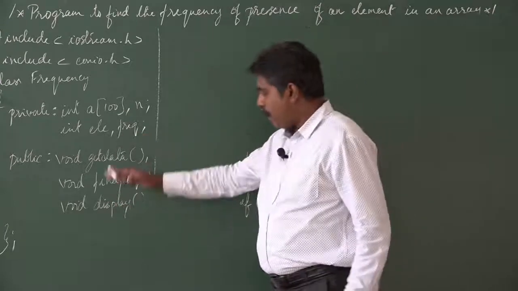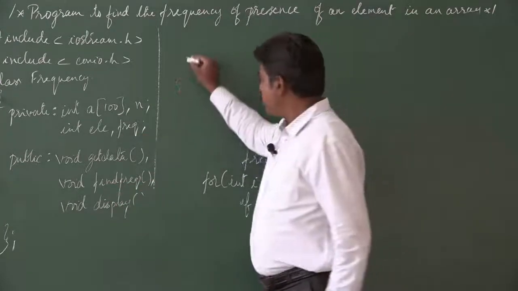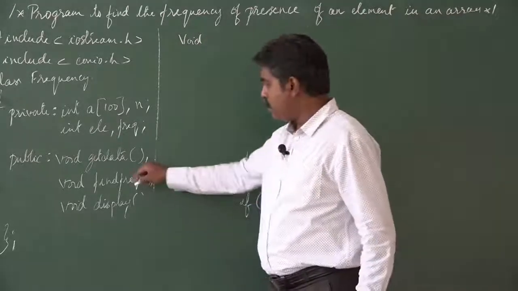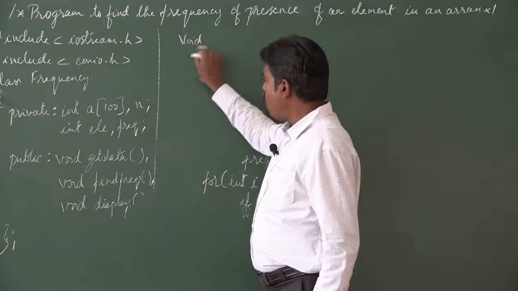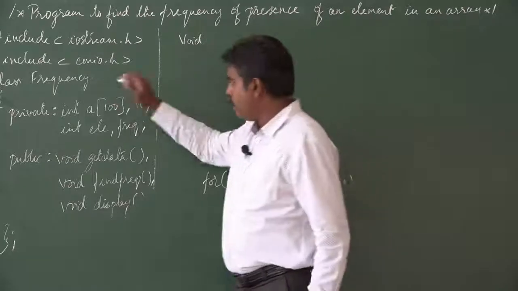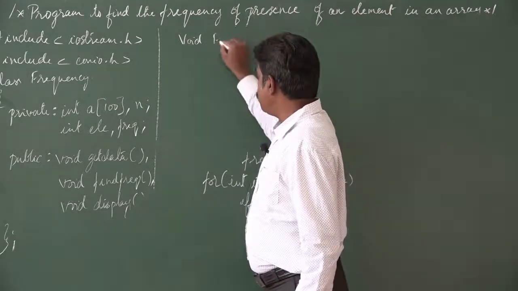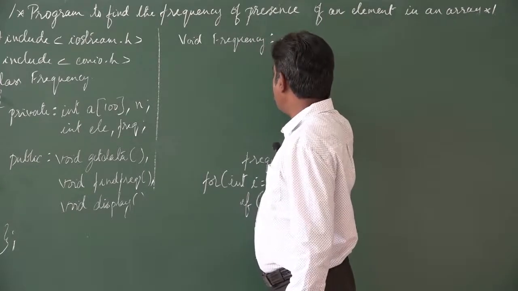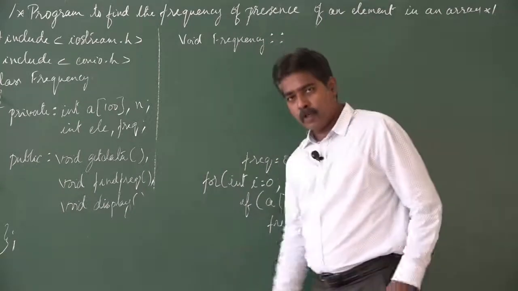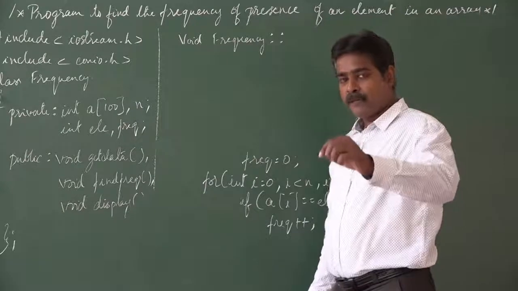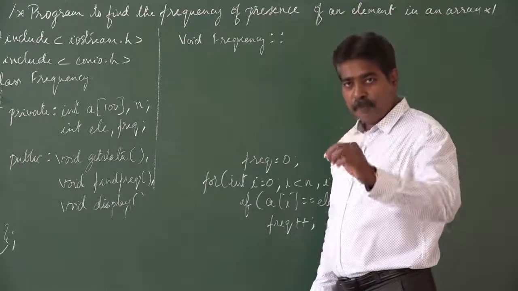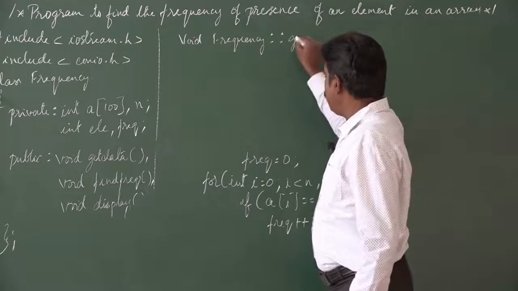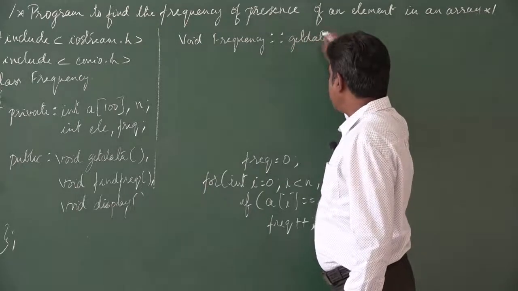After closing the class, we will begin with the first member function, that is get data. You know how to write void, the return type specifier, then the class name, that is frequency. After that, the scope resolution operator. You know the significance of the scope resolution operator, that it defines whether this member function belongs to this particular class. Likewise, we have the get data member function name.